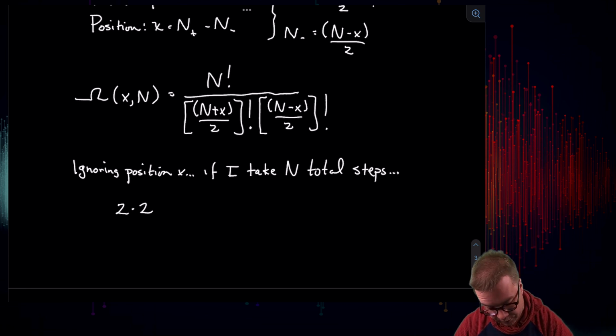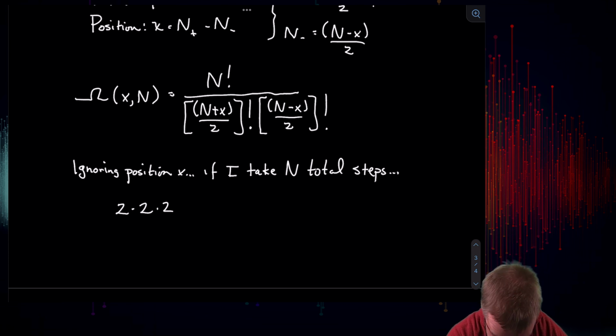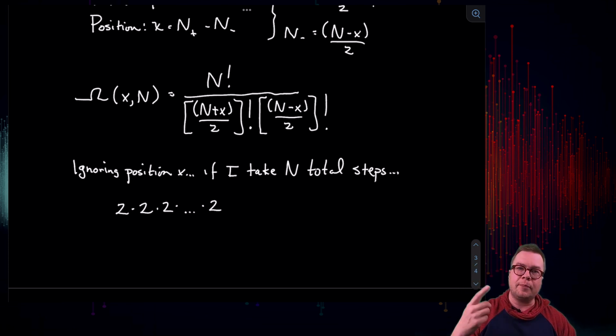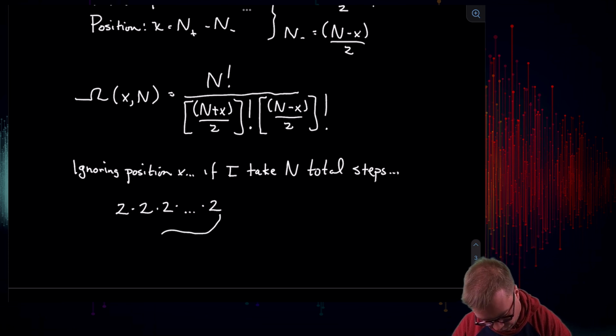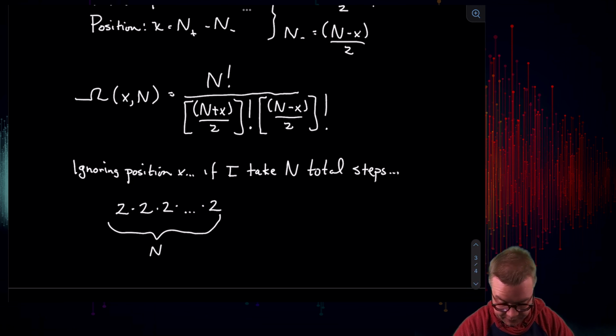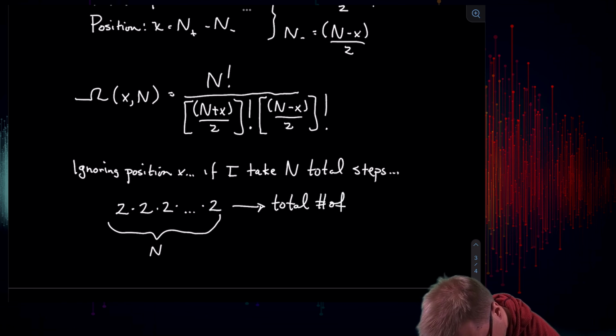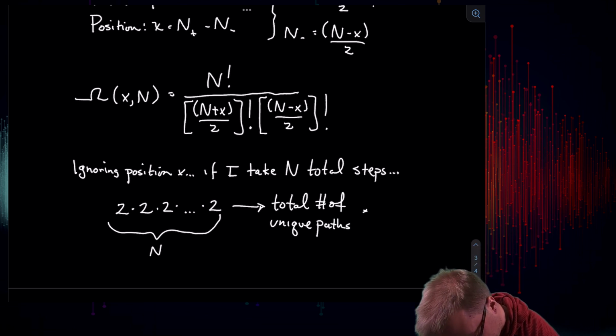And then for your next step, there's two ways that you can do that, and so on and so forth, until your last step, where you can move up or down. And so if you take a capital N number of steps, then the total number of unique paths is just going to be 2 to the n.